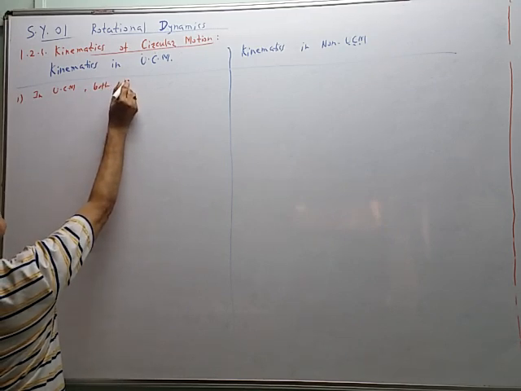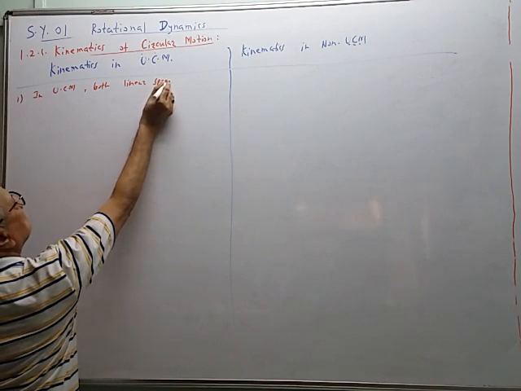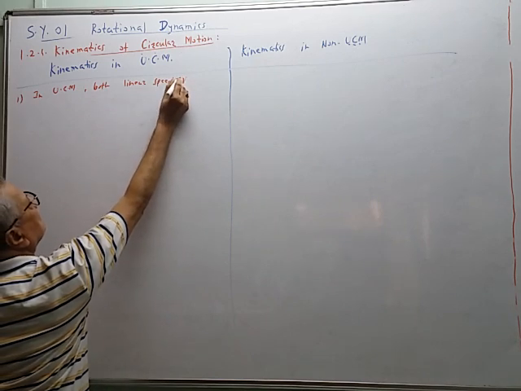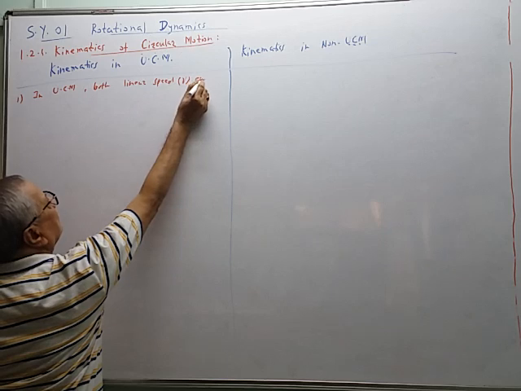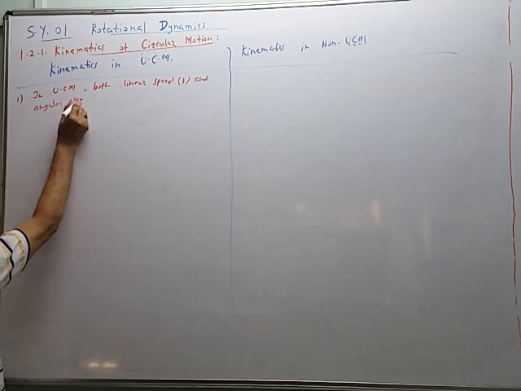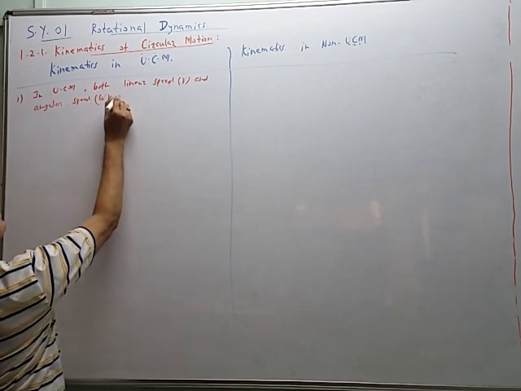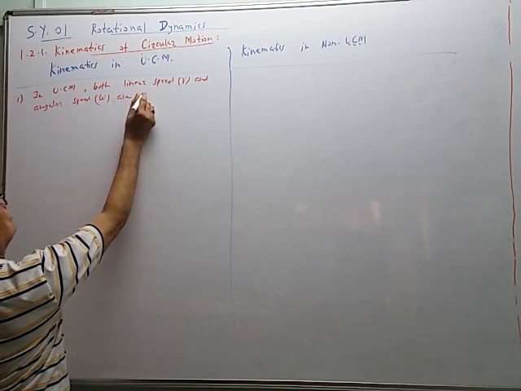both linear speed v and angular speed omega are constant.